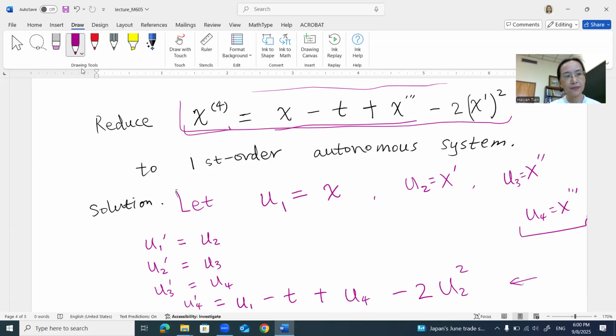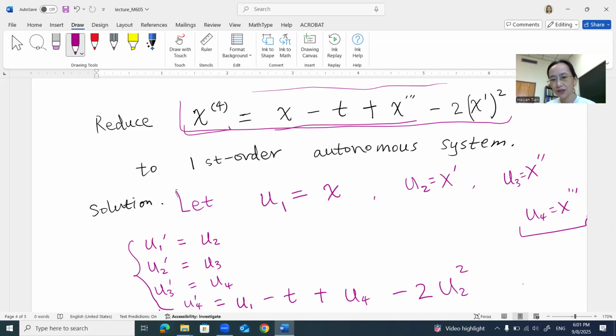So now we have how many equations? So we reduce a fourth order single equation to a system of 4 equations of first order. So here we have 4 equations of first order.